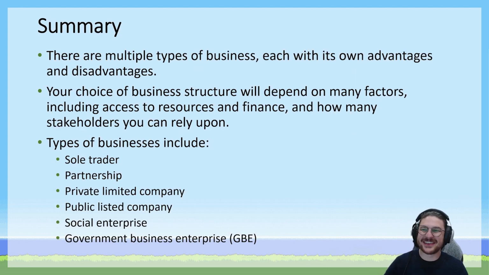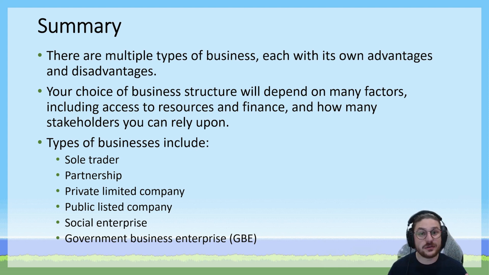In summary for this key knowledge point, there are multiple types of businesses and they each have their own advantages and disadvantages. And here's where that last little phrase in the key knowledge point comes into play. Your choice of a business structure will depend on many factors. If you are on your own and you don't have a lot of finances to pursue incorporation, then perhaps a sole trader business is going to be right for you.